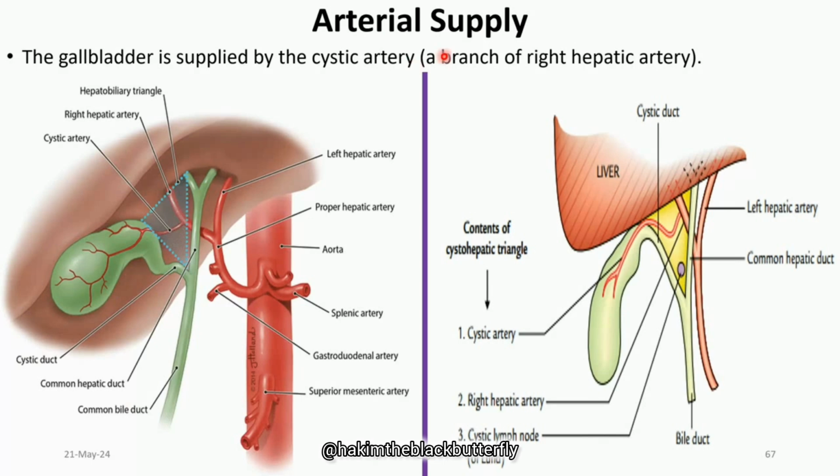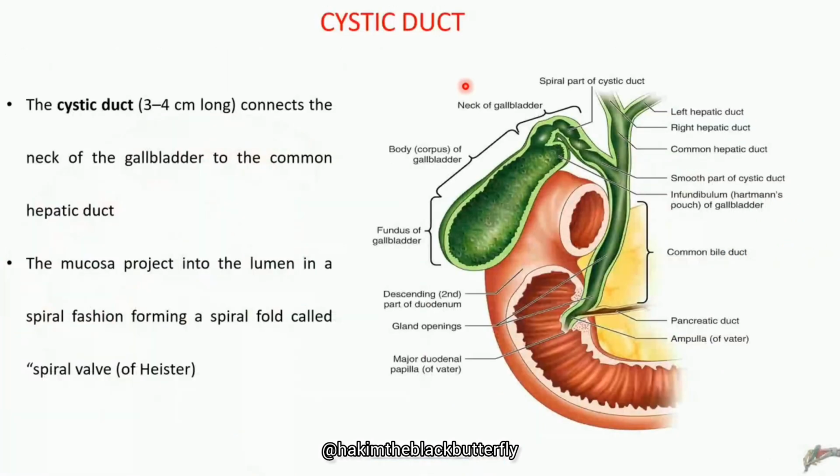We've already talked about the cystic duct. The duct is going to be transporting bile to and from the gallbladder. From the liver, it will go to the gallbladder, and when there is need to digest lipids, this gallbladder is going to be squeezed so that the bile can leave through the cystic duct to enter into the common bile duct.